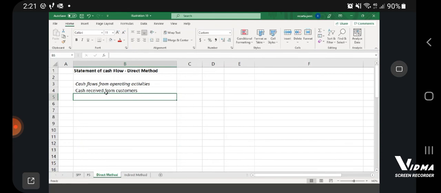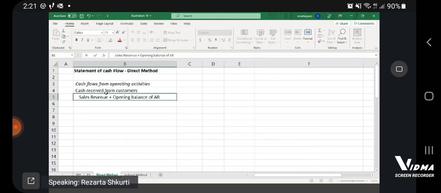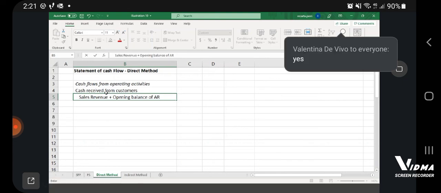Actually, cash received from customers is nothing else than sales revenue, as we know from the income statement, plus opening balance of accounts receivable. Is that all right if I just write AR for accounts receivable? It's like an abbreviation that would become very handy to proceed a little bit faster.